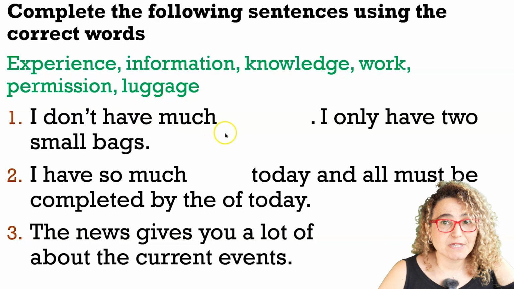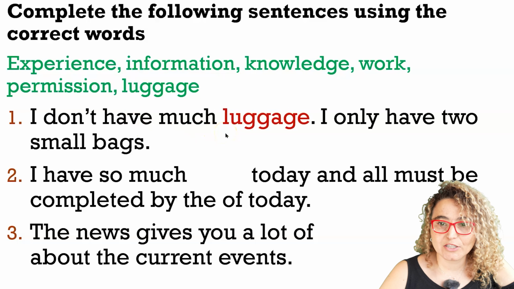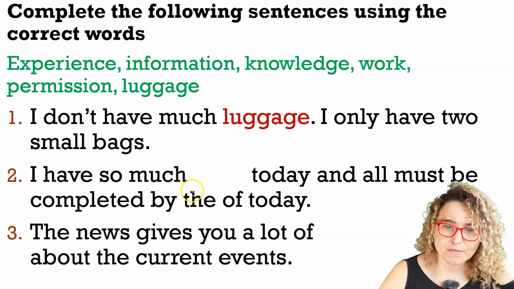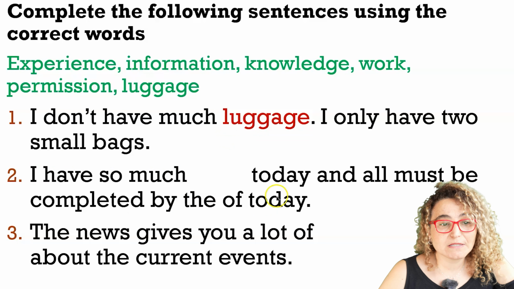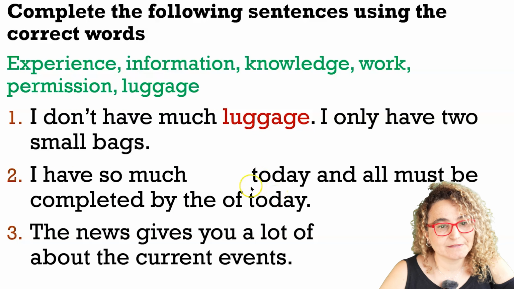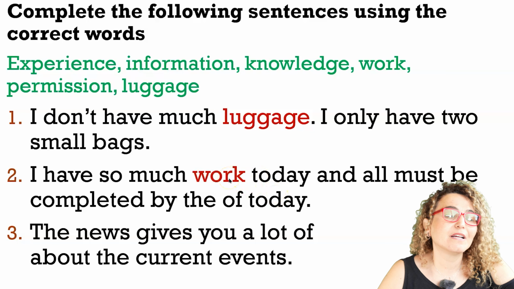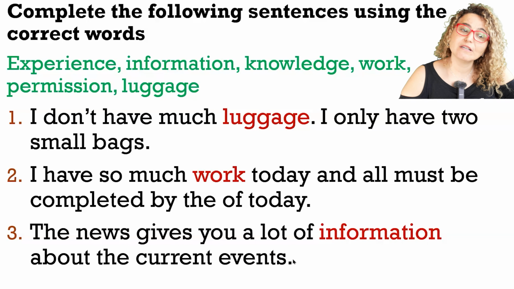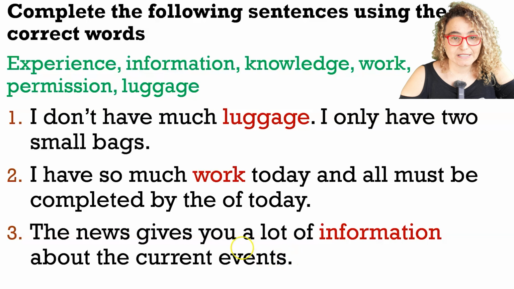So I don't have much luggage. I only have 2 bags. I have so much work today and all must be completed by the end of today. The news gives you a lot of information about the current events.